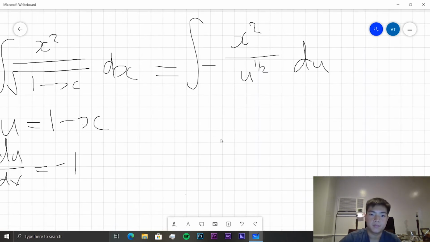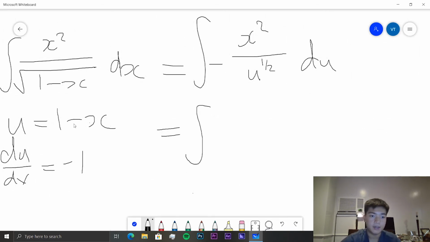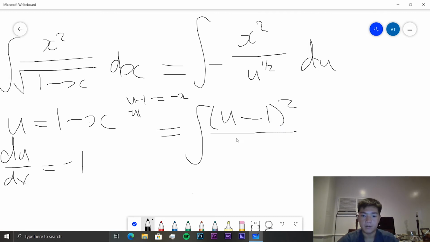Because u is 1 minus x, u minus 1 is equal to negative x. So this would be negative (u minus 1) squared over u to the 1/2 du.